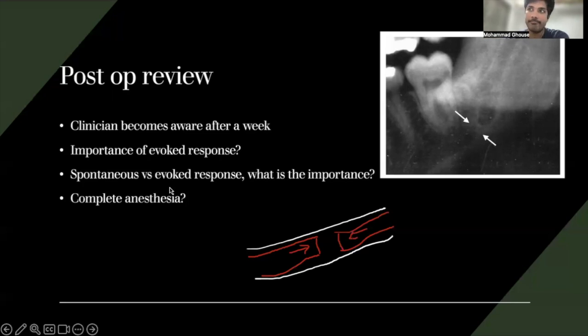Even if there's complete anesthesia, that is entire loss of sensation, in the case of the inferior alveolar nerve the prognosis is better because the cut nerve ends can grow towards each other, as compared to the lingual nerve, which entirely lies in the soft tissue. Hence, this has to be kept in mind.